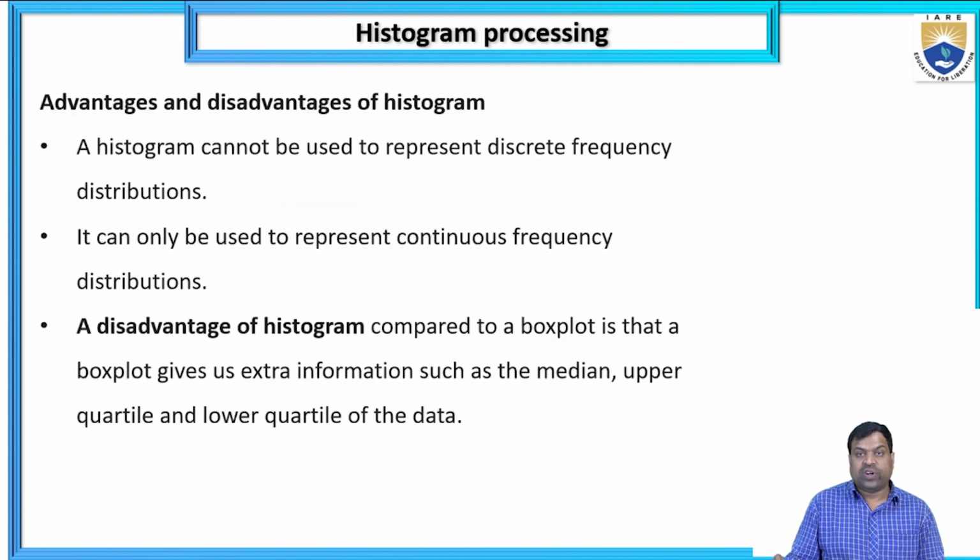So, what are the advantages and disadvantages of the histogram? A histogram cannot be used to represent a discrete frequency distribution, and it can be used to represent a continuous frequency distribution. The disadvantage compared to a box plot is that a box plot gives us extra information such as the median, upper quartile and lower quartile of the data.